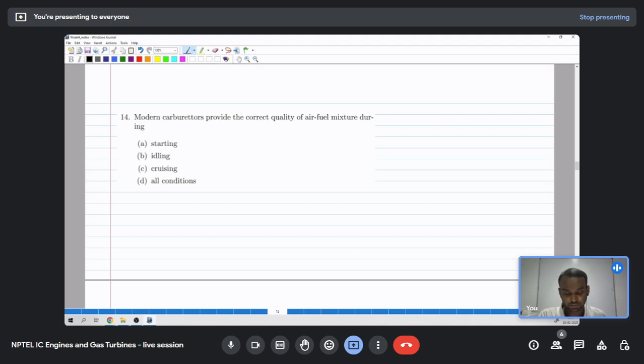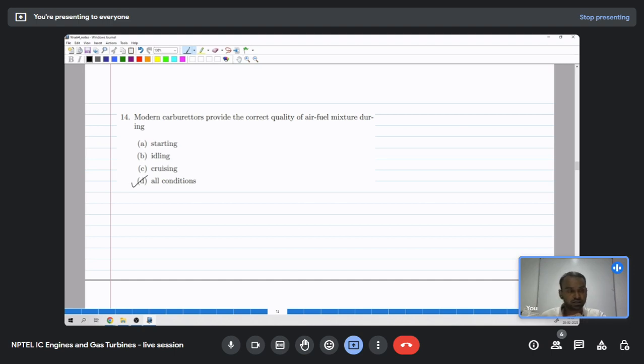Modern carburetors provide the correct quantity of air fuel mixture during starting, idling, cruising, all conditions. So this is during all conditions.